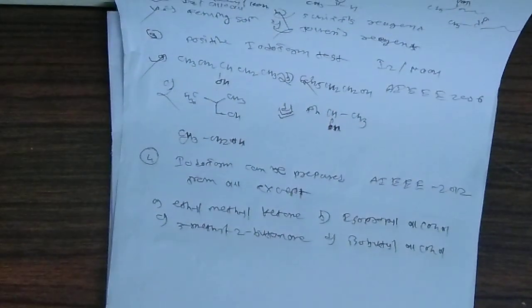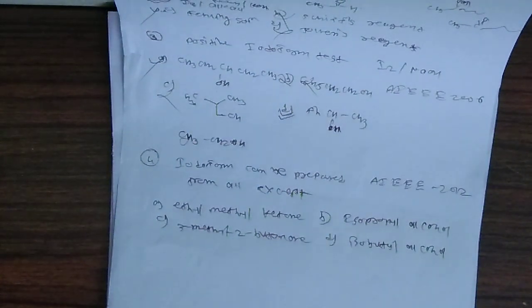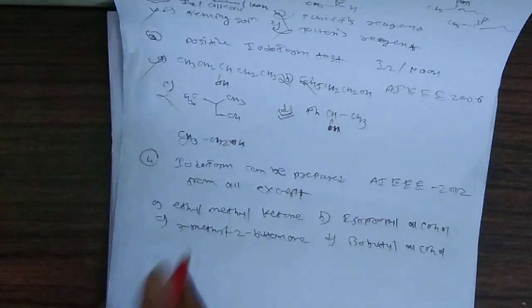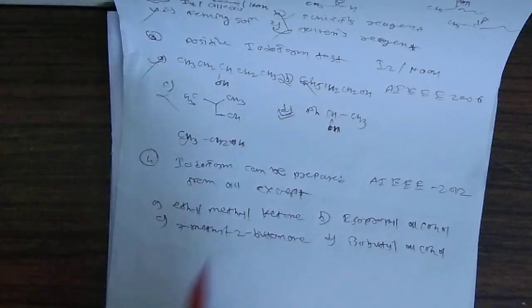Here we have to find which out of these will not form iodoform, which simply means which will not give a positive iodoform test. So first write the structure of all the options.